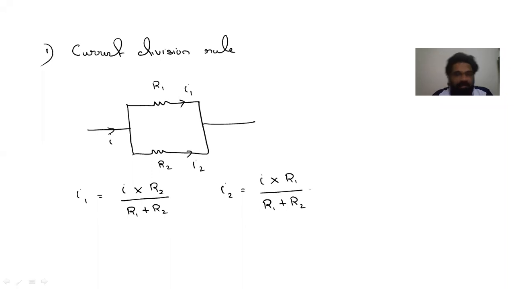This is the current division rule. This concept will come here and there, and we must be in a position to apply this knowledge in circuits. If you want to see this slide, you can comment.